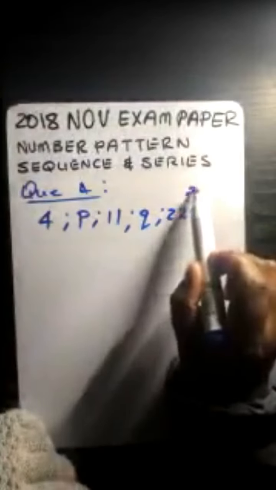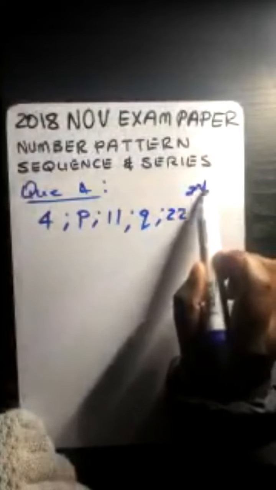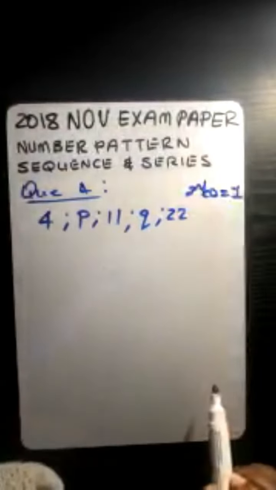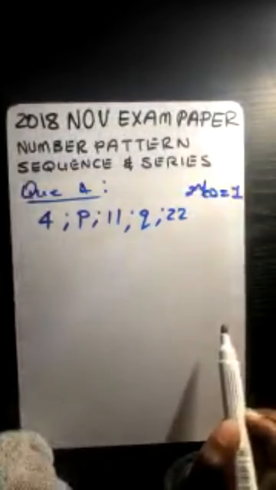So can you see? Already they are saying the second common difference is equal to 1. Very, very important over there. And the type of number pattern is quadratic.